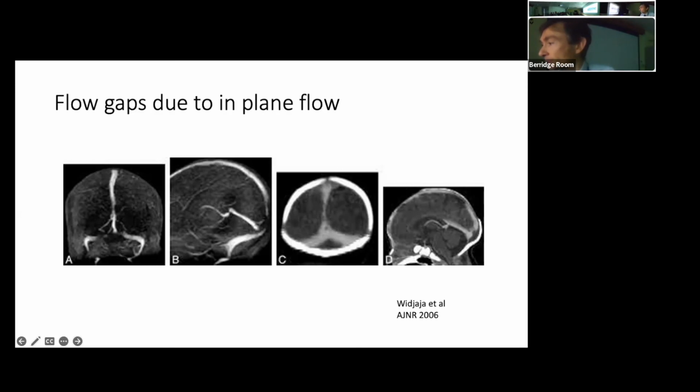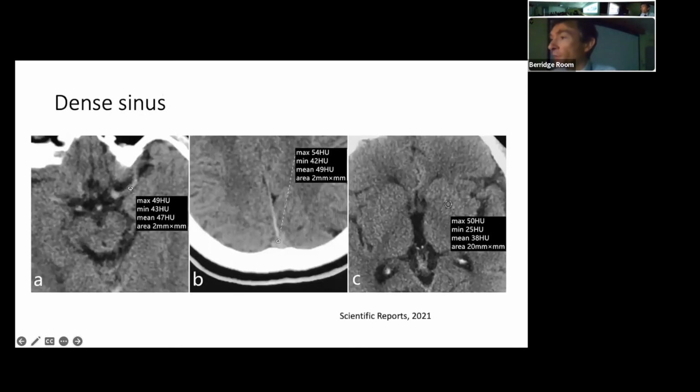Okay, that's MR, and then this was CT. I couldn't actually find a good case of a normal dense sinus, and this you can see is also not a child, but it's just showing how the sagittal sinus can be higher density than the surrounding parenchyma.